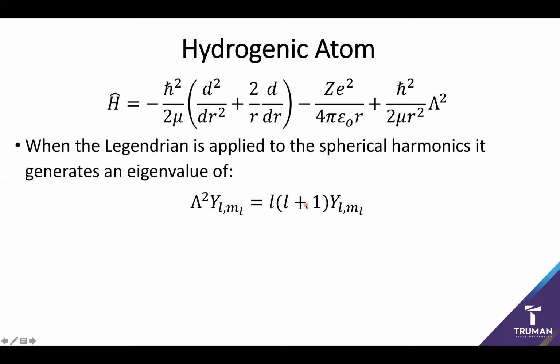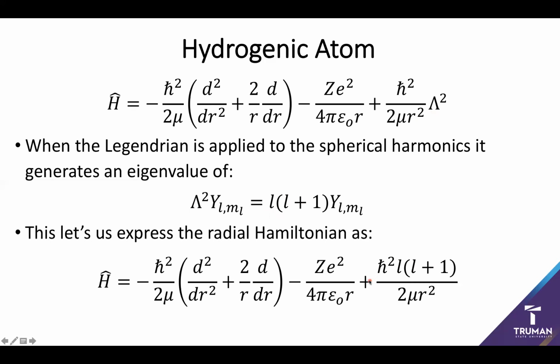Now, one of the reasons why this is actually kind of cool is because this gives me a modified way to express my radial Hamiltonian. Because what I can do is put these solutions of my eigenvalues into my general Hamiltonian and essentially introduce, instead of a single monolithic radial Hamiltonian, a series of radial Hamiltonians that have different forms depending on the total angular momentum.